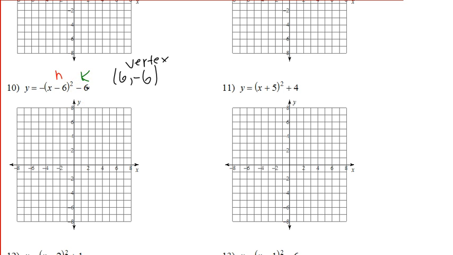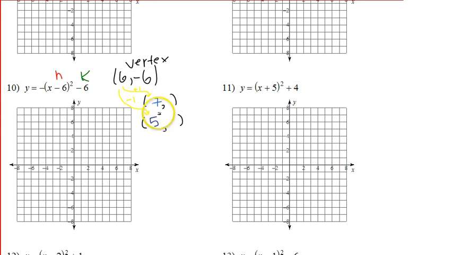Now we need to find 2 more points, which means that we are going to start by creating 2 points. Take this first number, h, and add 1. So 6 plus 1 is 7. And also subtract 1. 6 minus 1 is 5.